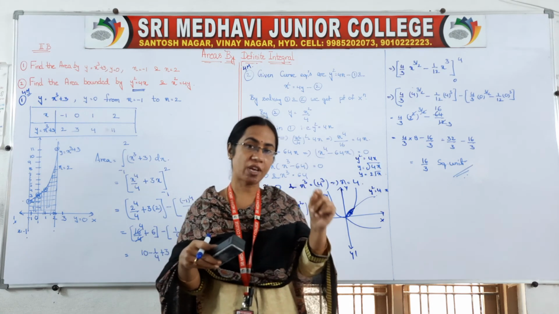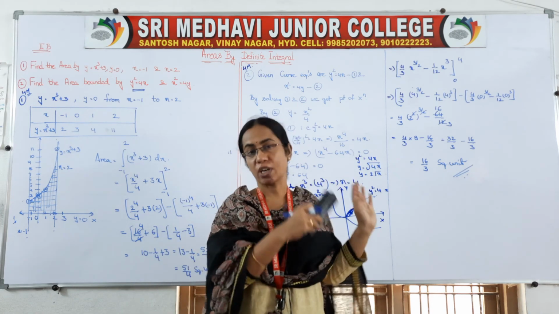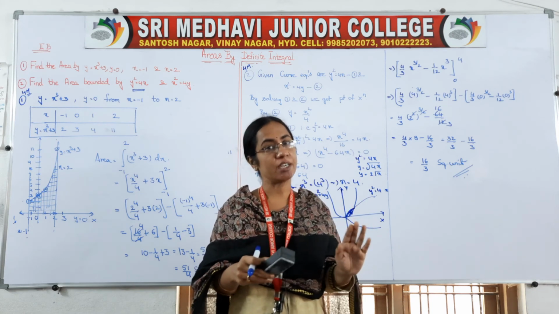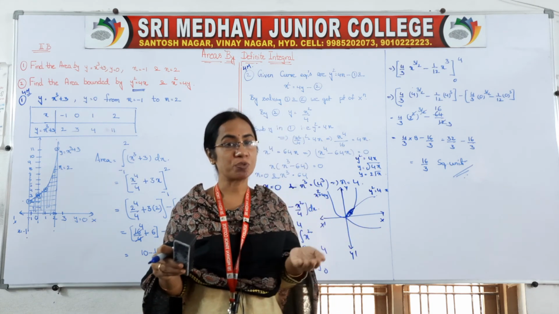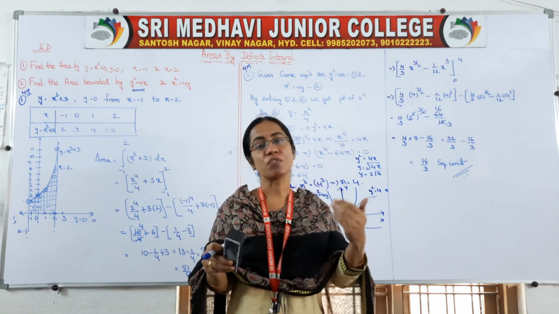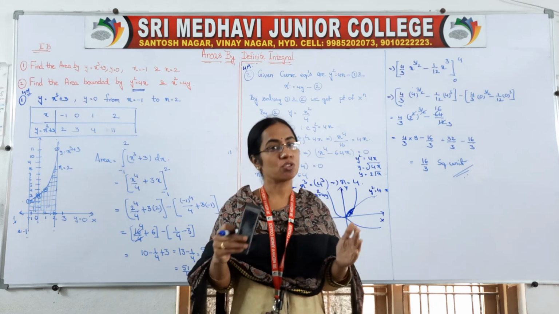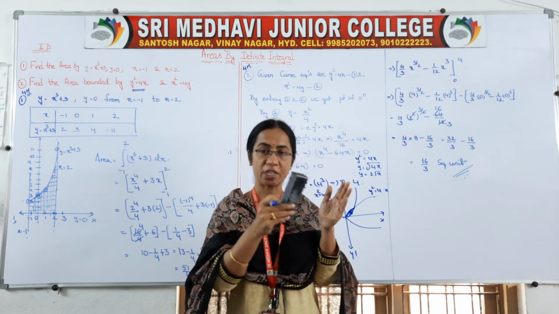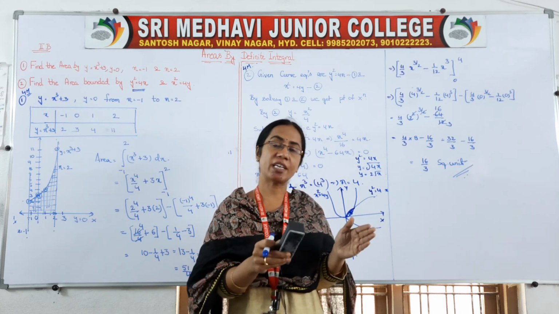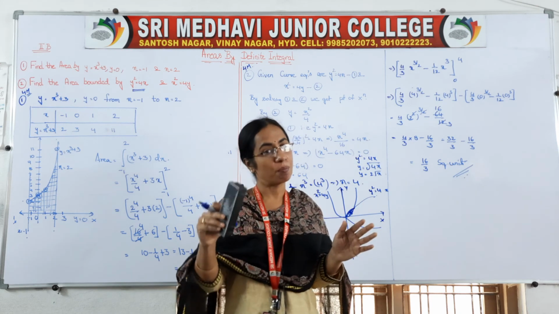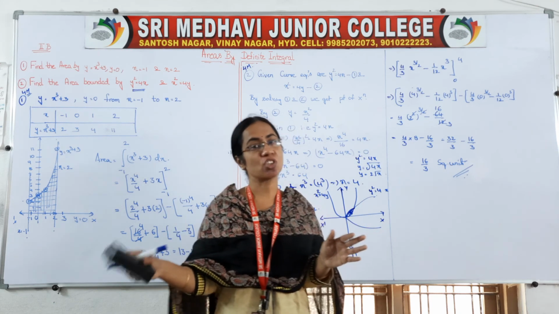Once we have the x value and y value, you construct the diagram, right? Once the diagram is done, observe which curve comes upwards and which curve comes downwards. The curve which comes upward should be taken first while finding the definite integral, minus the curve which comes downwards.